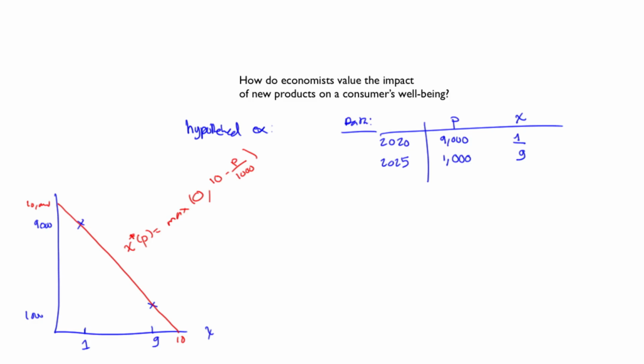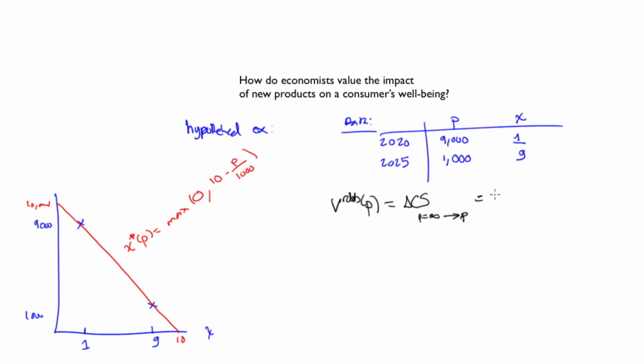Now, what is going to be the value of introducing the robots, given that they're going to sell at price P? Well, the key insight of this type of economic analysis is that you can think of the value of introducing the product as the change in consumer surplus from a situation in which the price is infinity, so high that the robots are never purchased, to a situation in which the price is the observed price, P. If the price is infinity, you don't really care whether the robots are not purchased or don't exist.